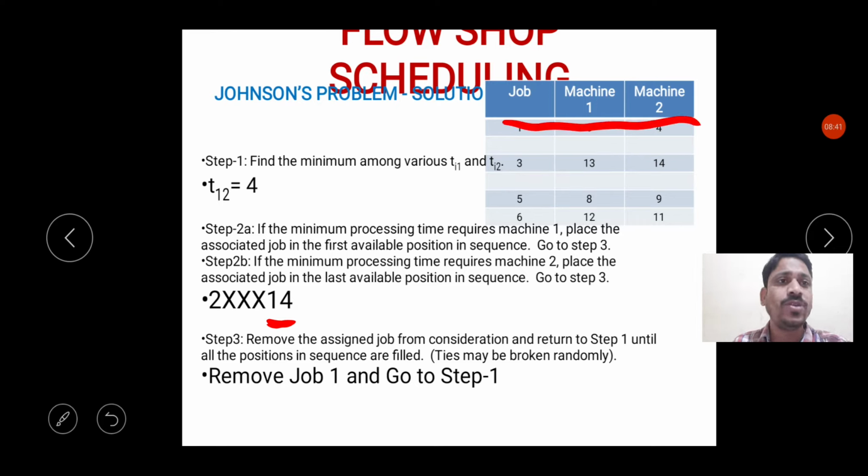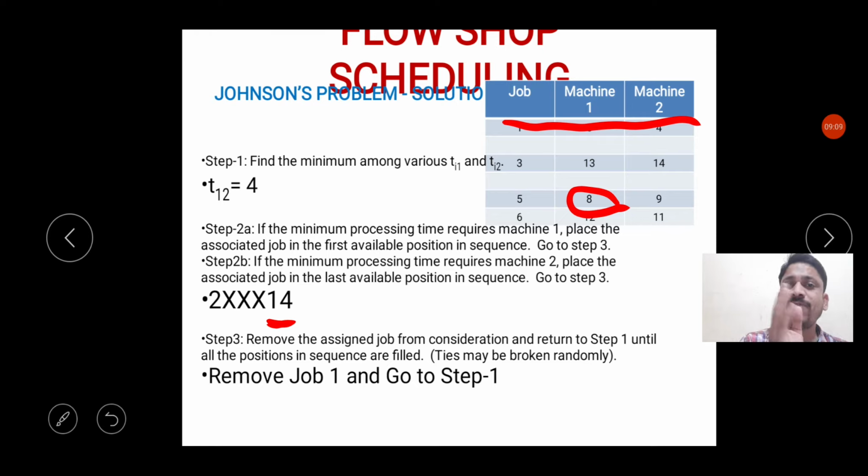So now we have only 3 jobs remaining. If you check the processing timings, the minimum time is on machine 1, that is of job 5. So the job 5, where it is to be placed, from the last available space or first available space? As it is on machine 1, we have to place this job 5 from the first available space.